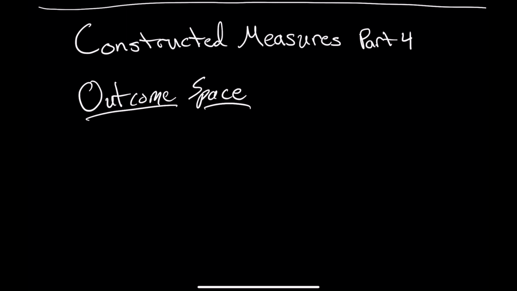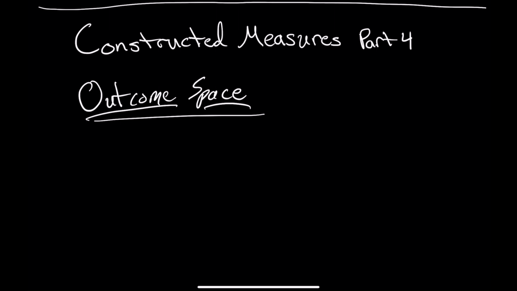On today's talk, the next part of my series on constructed measures, what I'll be talking about is this idea of an outcome space. An outcome space is the next component we want to think about when constructing and developing assessments for different constructs.